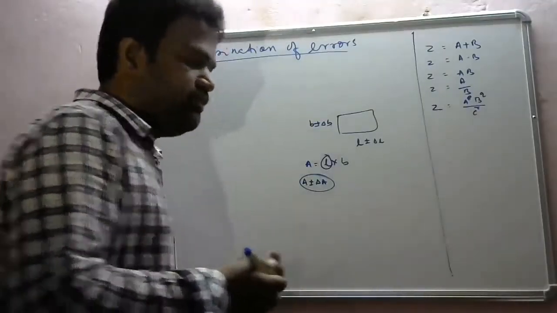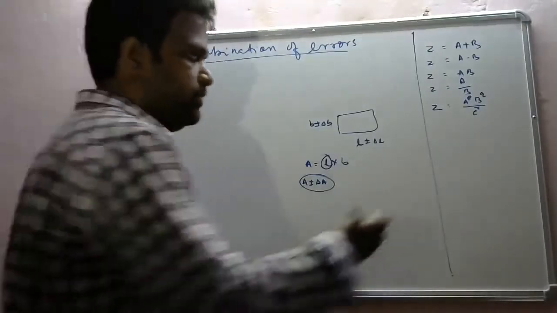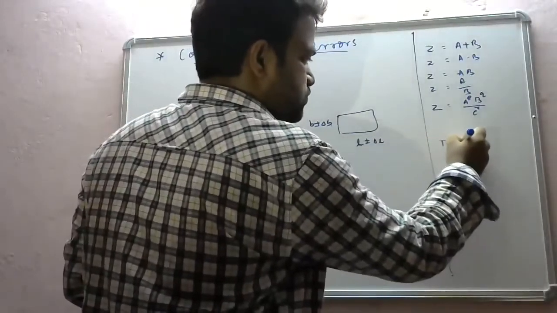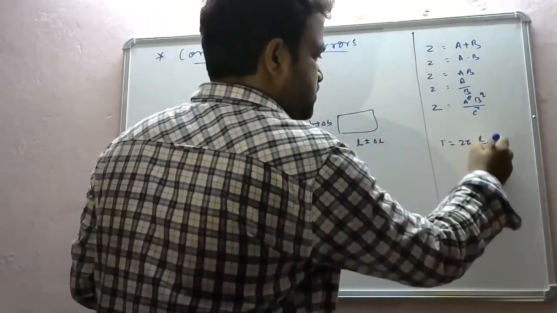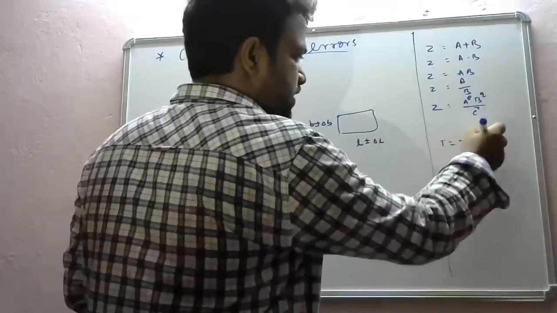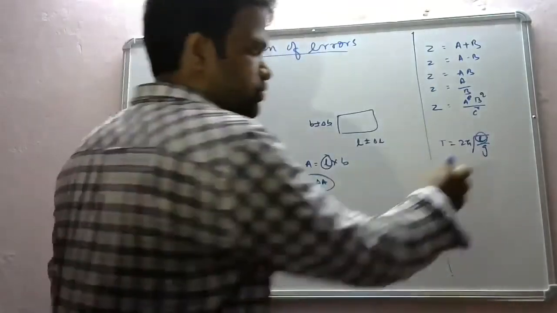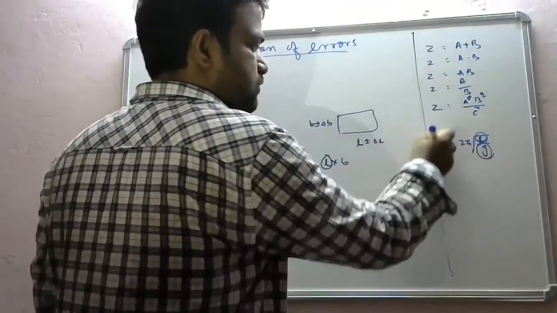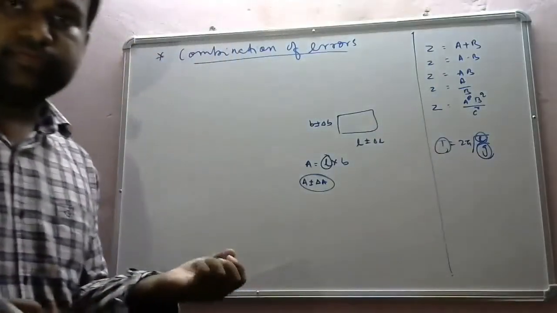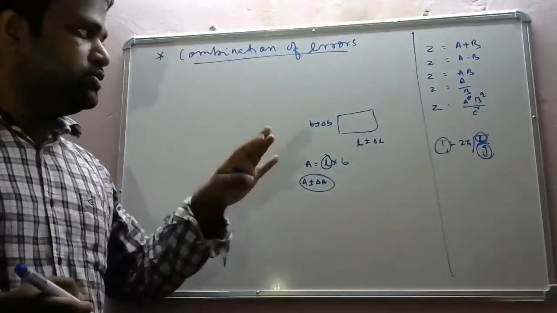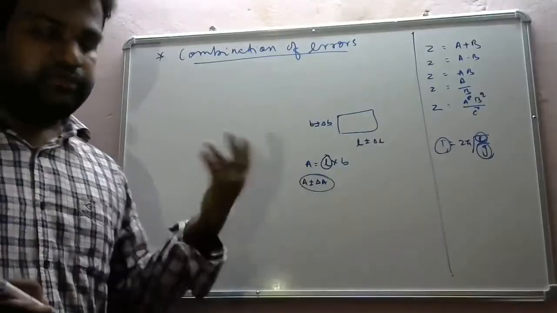For example, if you are finding the time period of a pendulum, the time period is 2 pi under root L upon g. Now you are finding some error in length, some error in g, then what will be the error in the time period? So that's why there are different formulas.